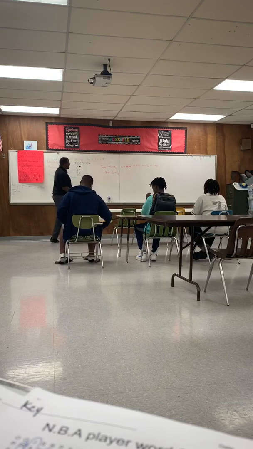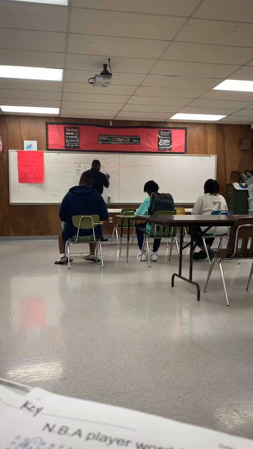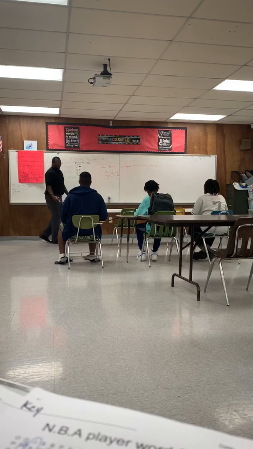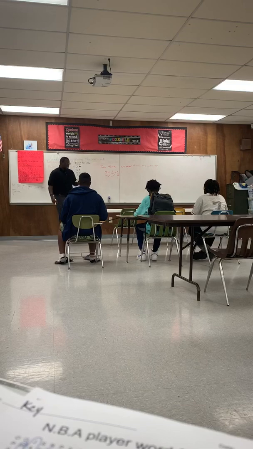So this equation is saying basically this: x plus 2 equals 6. We're saying that this left side is equal to this right side. The key is, how do we get that?